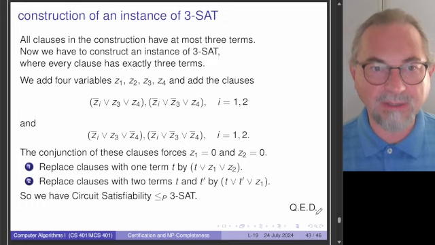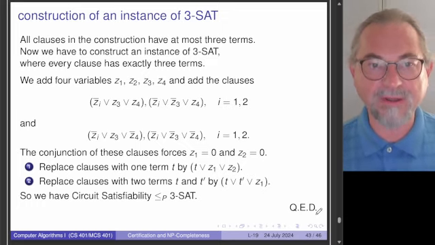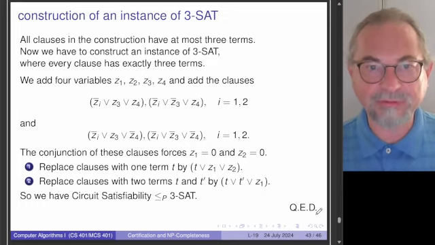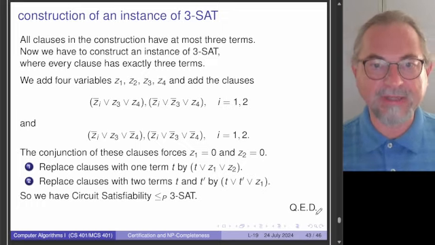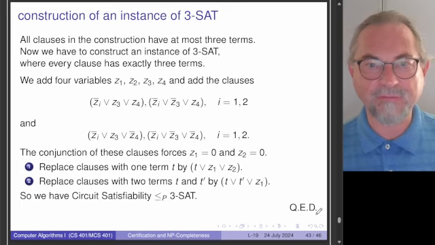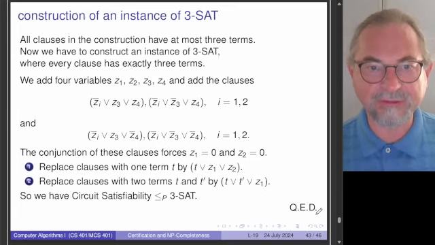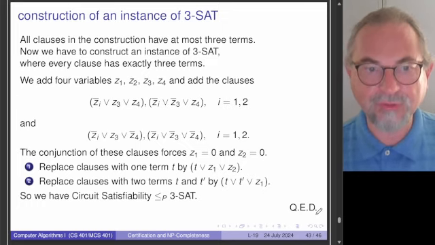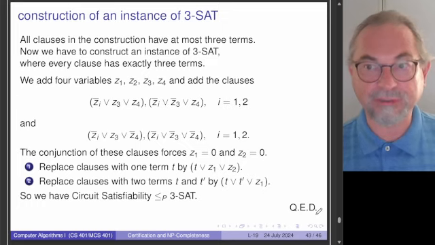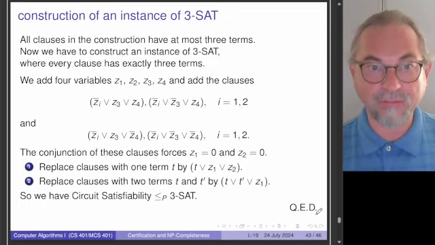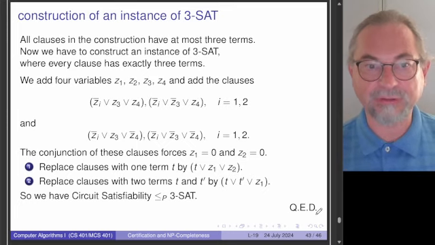Well, if we have 4 variables, we can actually add variables and the clauses. And that actually can be used to replace terms. So if you have more than 3 terms, with extra variables, you can reduce them to clauses which have exactly three terms. So the construction is over here.